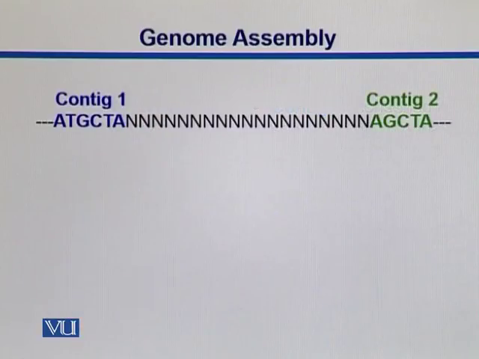Here we see two contigs, contig 1 and contig 2, and in between there is an unknown sequence, so there is a long run of Ns. So for these Ns, we don't know what nucleotides are there. This is where the contigs actually break. So we have those reads which are aligned together, and then there are some gaps among these contigs. So when we put those contigs together, that thing becomes a scaffold.